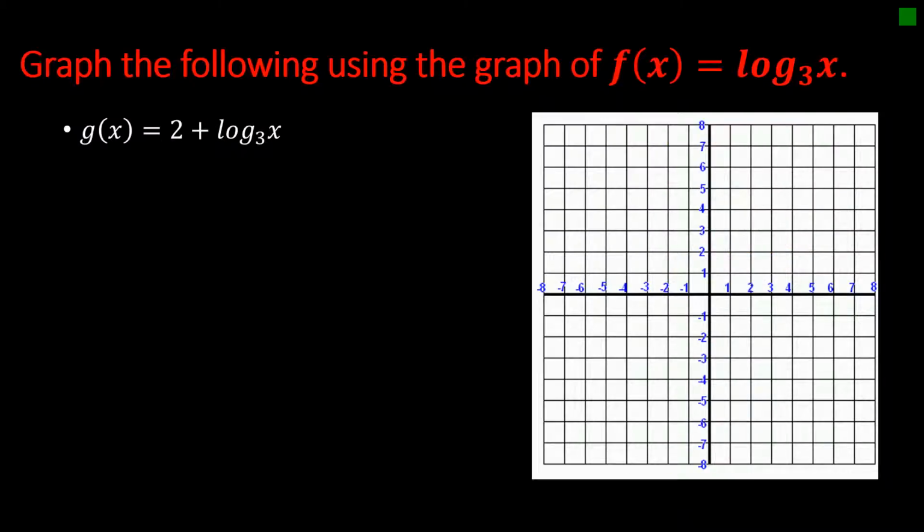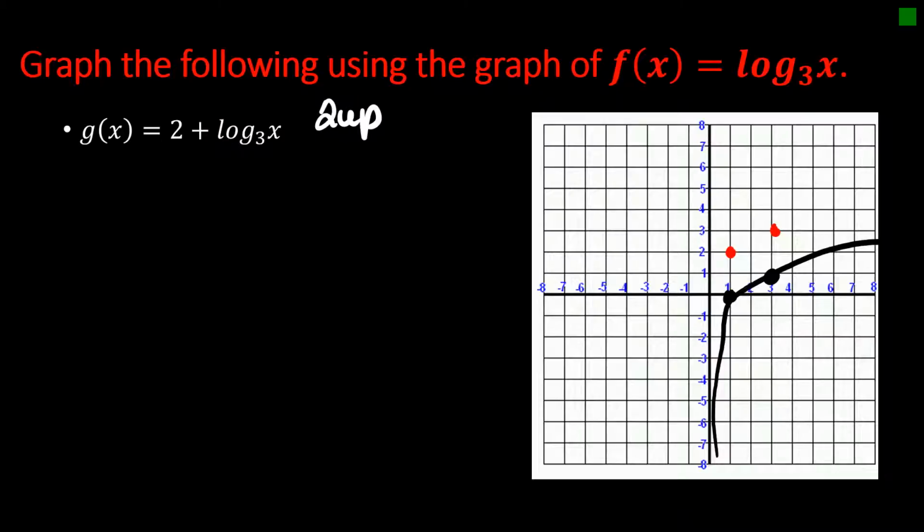Let's look at another one. We have 2 plus log base 3 of x, so this shifts the graph 2 units upward. Let's go ahead and graph log base 3 of x. We have the points (1, 0) and (3, 1). So when we push the graph 2 units up, this point goes up 2.